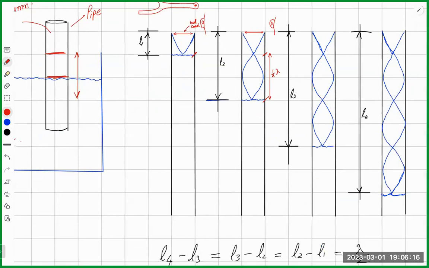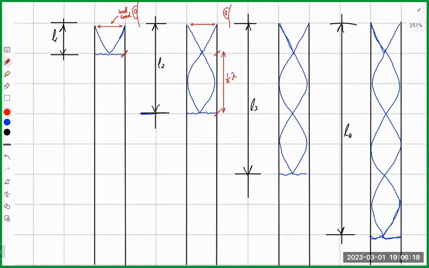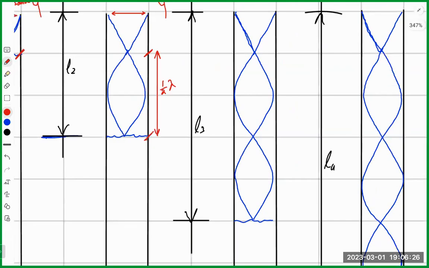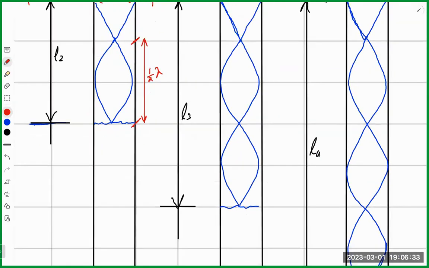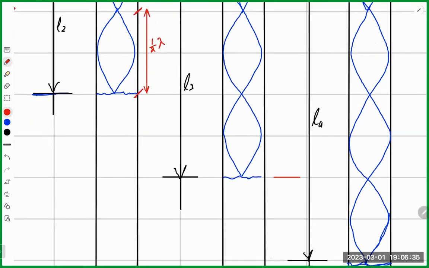Now, it doesn't matter whether you do it with the first and second antinode. For example, if it is the third antinode and the fourth antinode, the difference between the height of these two will still be half of lambda.